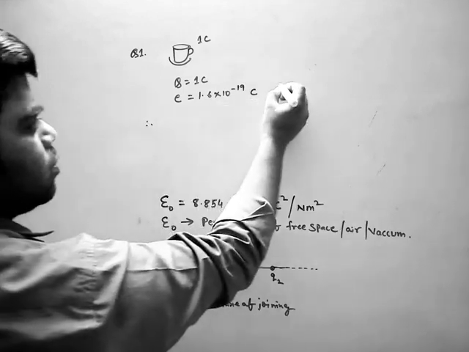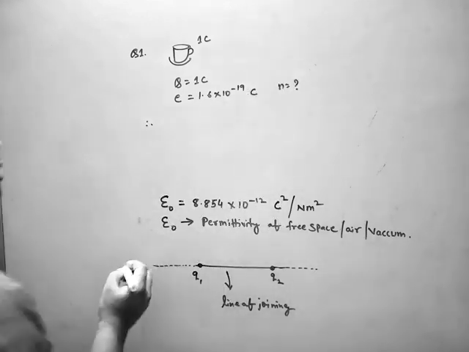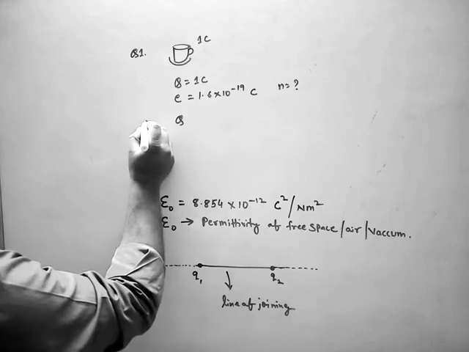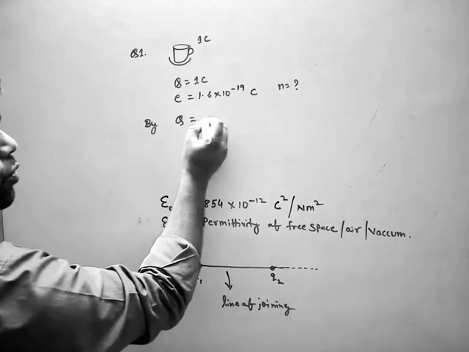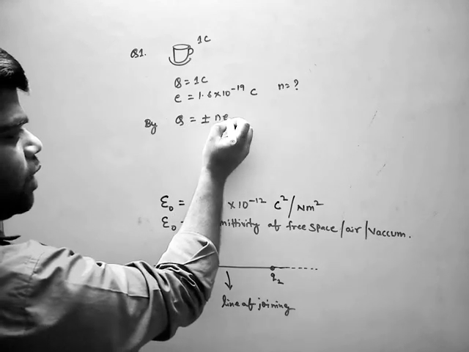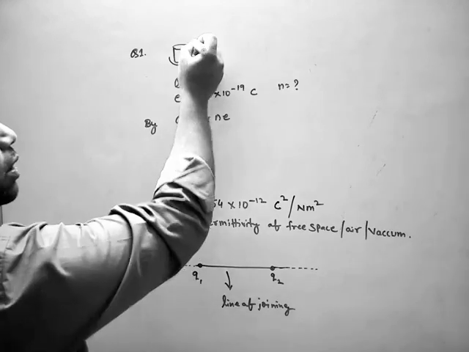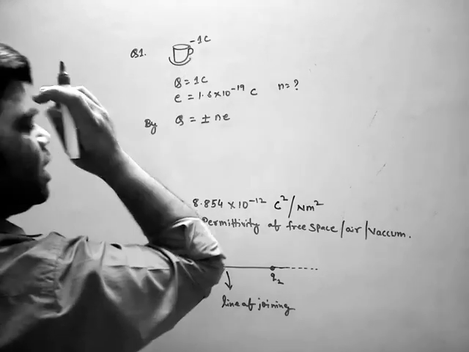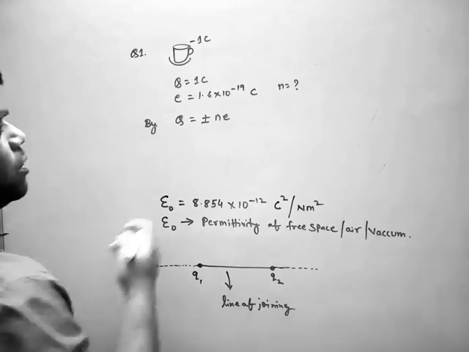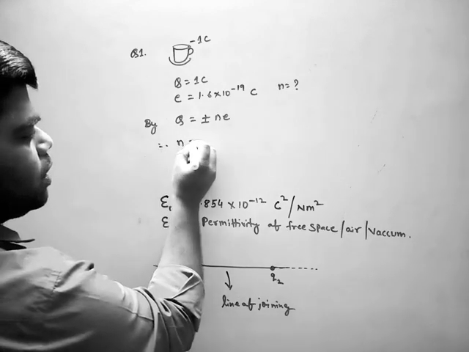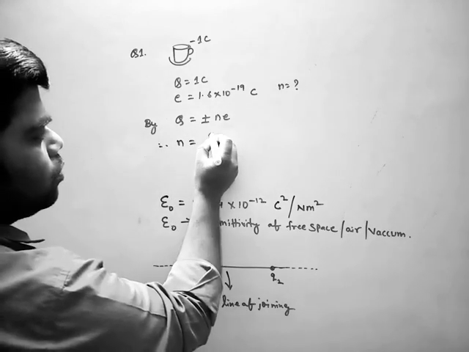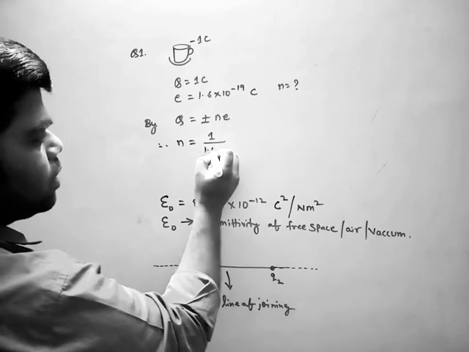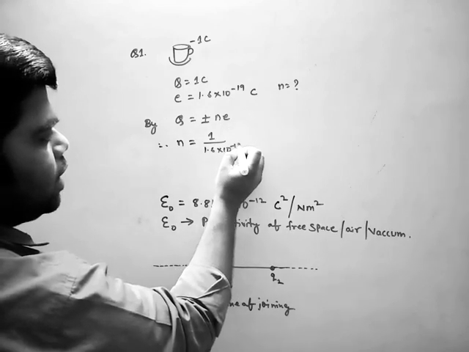Therefore, what is the number of electrons? Using the formula Q is equal to plus or minus N e, here I think I have given negative charge on the electron. Therefore N is equal to Q over e, with Q equal to 1 and e equal to 1.6 into 10 to the power minus 19.